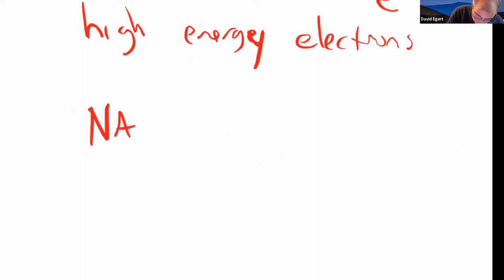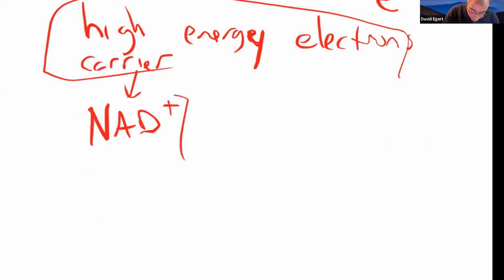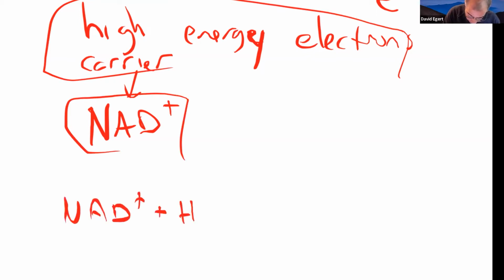So we have this high energy electron carrier, NAD plus. So high energy electron carrier, this would be if it is not holding on any electrons. NAD plus can grab on, it needs another hydrogen and it needs 2 electrons. It becomes NADH.